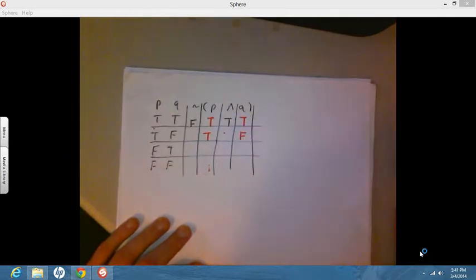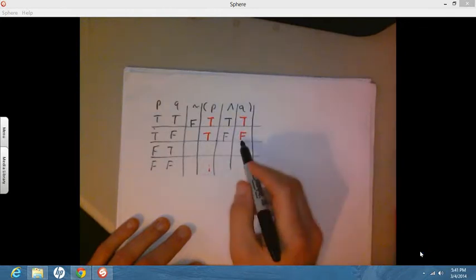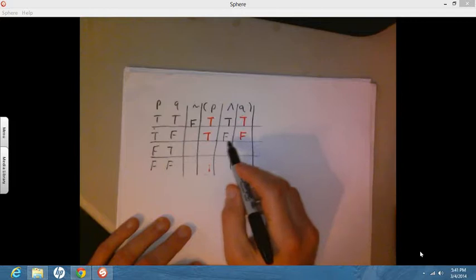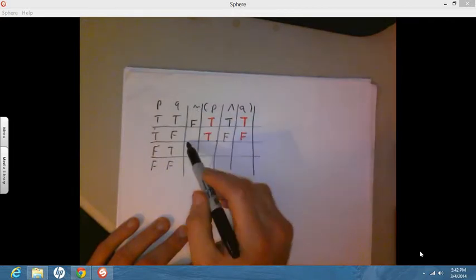So this is false. This is the last thing I evaluated in the parentheses, and now I'm going to negate the parentheses. The negation of false is true. Okay?